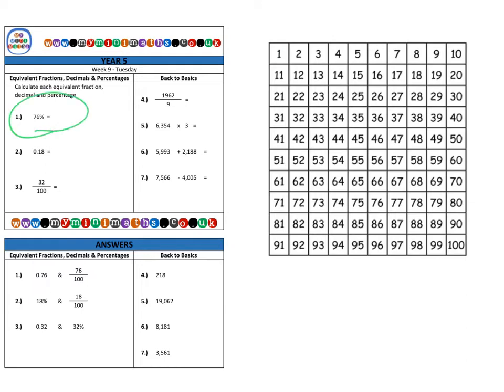So on to question 1, which is 76%. So we're going to start off with the percentages, find the equivalent fraction, and then calculate the equivalent decimal. So if we have a little look, we have 76%. So if we go back to what we said at the beginning, we know that each of these is worth 1%.